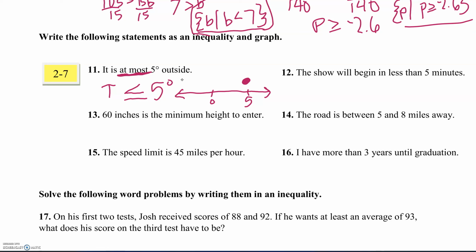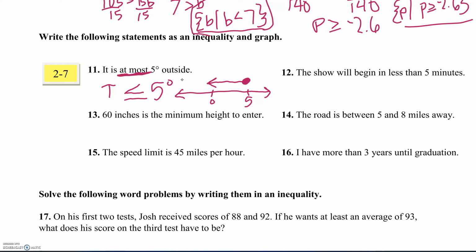And I'm going to point my arrow towards the direction of less than. So that includes 0. Temperatures can be negative, so it's going to keep going past 0. So there's my graph on this one. And you'll notice in the answer page it puts the dot and the arrow on the number line. You can write it that way as well, but it's easier for you to see on the computer screen if I put it above it. You can write it either way.